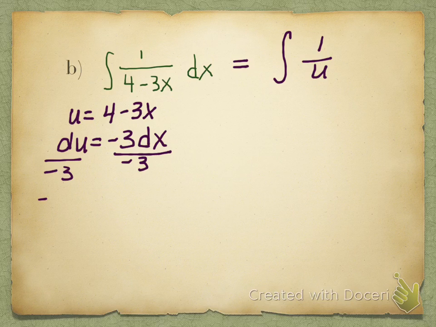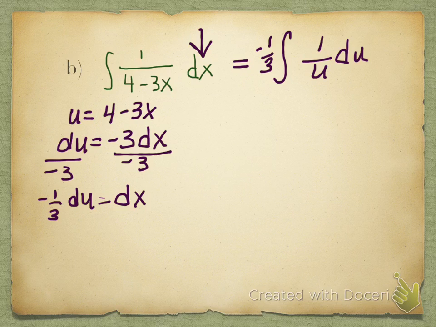So I now have negative 1/3, or division by negative 3, and this equals dx. What that allows me to do is replace this dx with negative 1/3 du. They're equal. So I'm going to write my negative 1/3 in front because it's just a constant multiplier. It doesn't affect the antiderivative. It's just multiplied by it. And I'm going to write the du at the back.